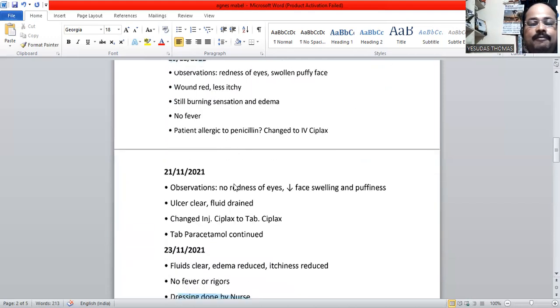The next day we have swollen puffy face, redness of the eyes. The wound was red, less itchy.